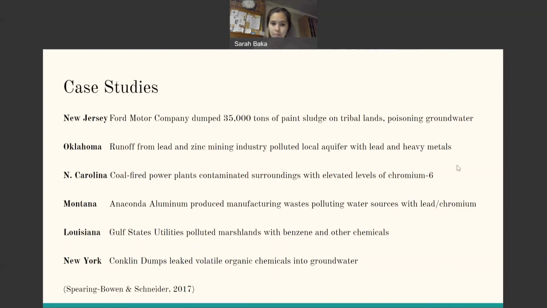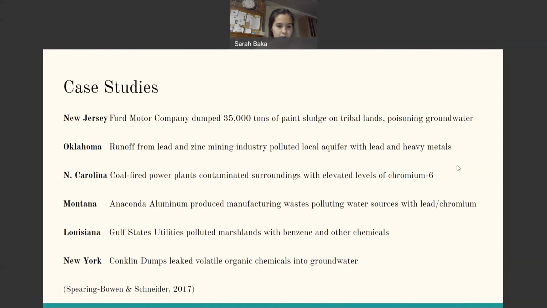Because of that improper waste management, the local community was very negatively affected. There was an incident in Oklahoma where runoff from a mining industry polluted local water, again, with heavy metals and lead. In North Carolina, the coal industry contaminated the surrounding land with chromium-6.